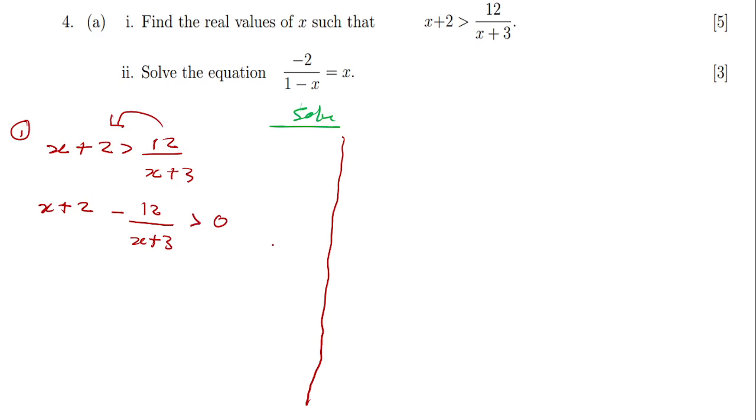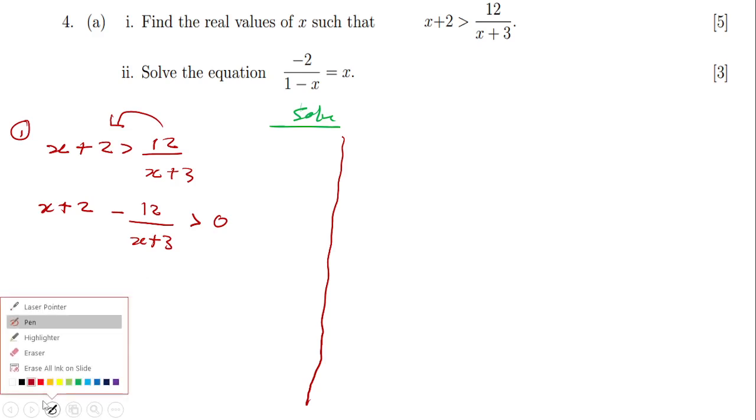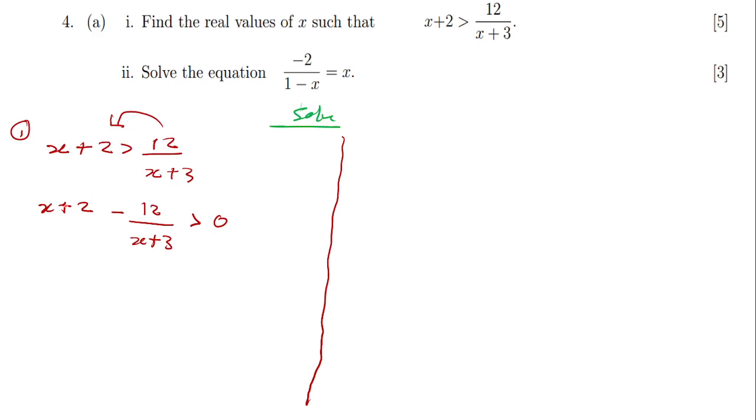So once we understand that, the next thing is we need to work out these guys. We can easily work out these guys. How? We can change this one into a fraction. We can also change that one into a fraction.